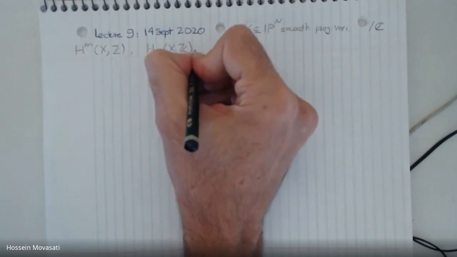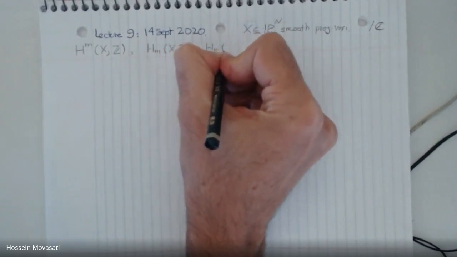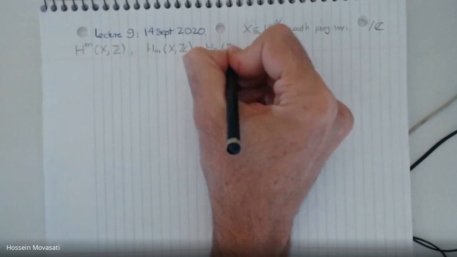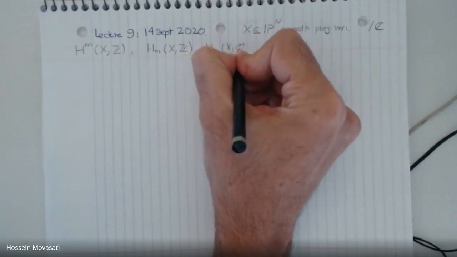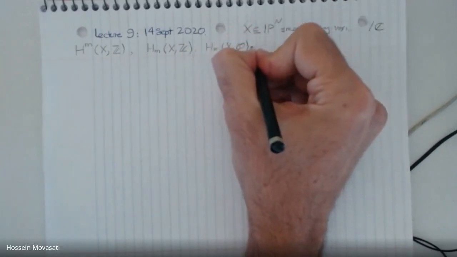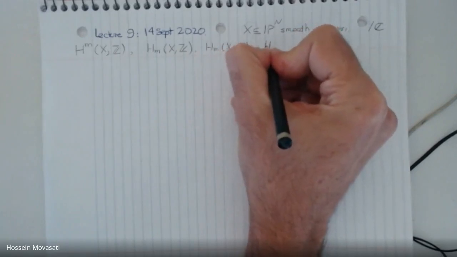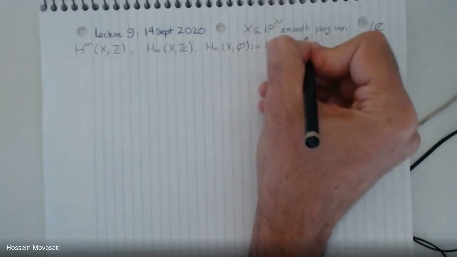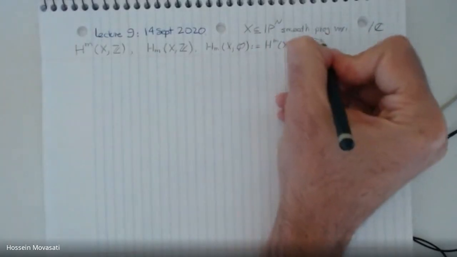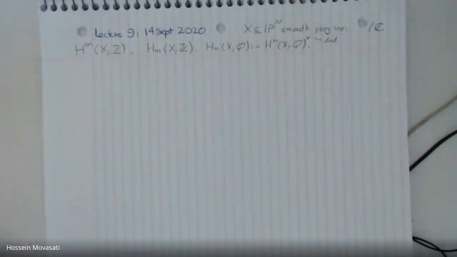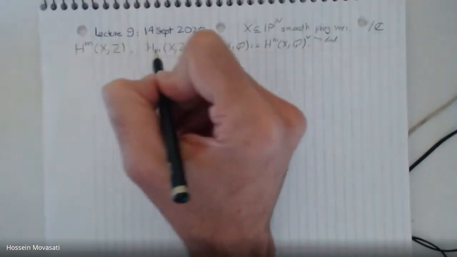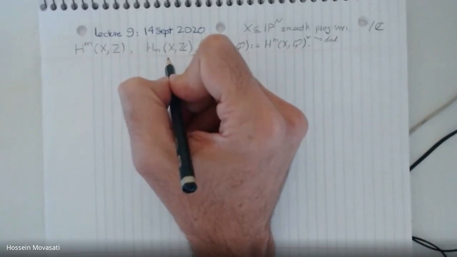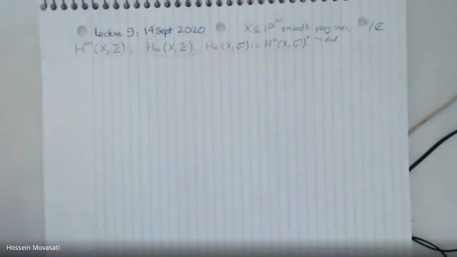The easiest way to introduce the homology using Čech cohomology would be to work with rational coefficients, and this will be just the dual of the cohomology. But of course, we construct this through simplices and singular homology.